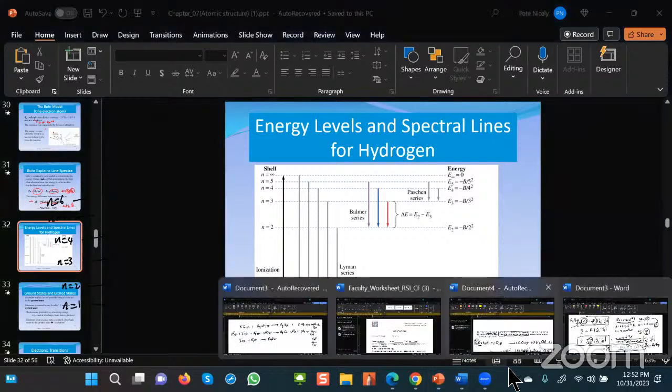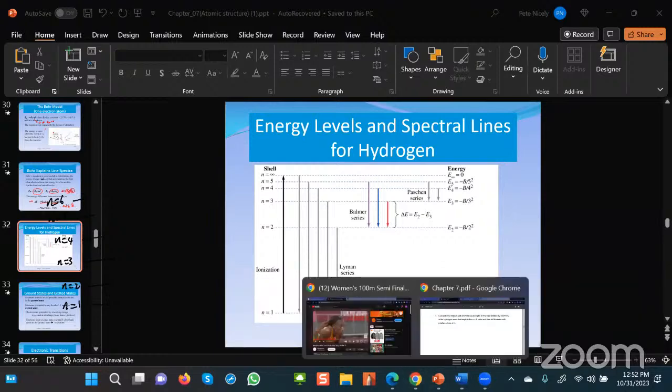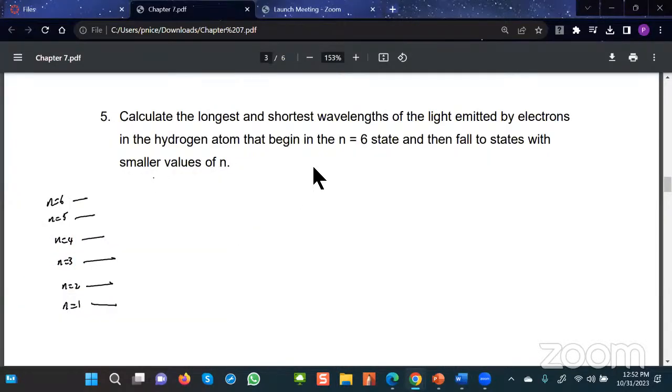So let me go back to the question. Okay. So the gap becomes smaller. I misspoke. All right. So what the question is asking for is the shortest and longest wavelength, right? So if the gaps become smaller as you go up, what that means is that the smallest gap starting from n equals 6 would be this gap right here.